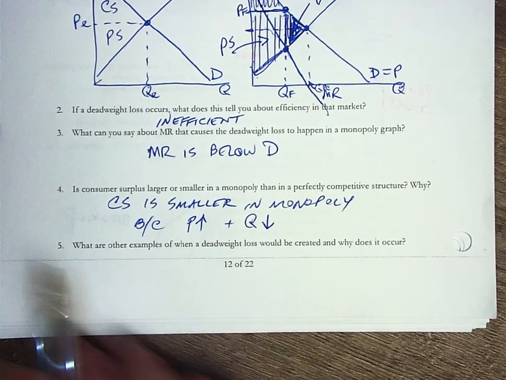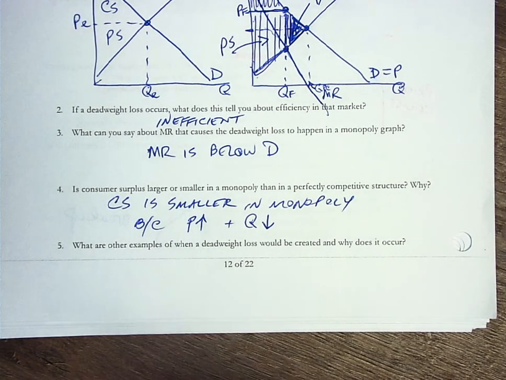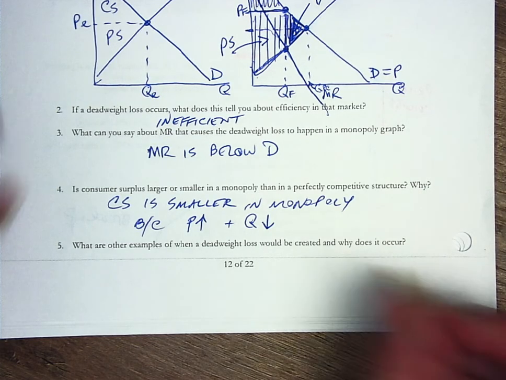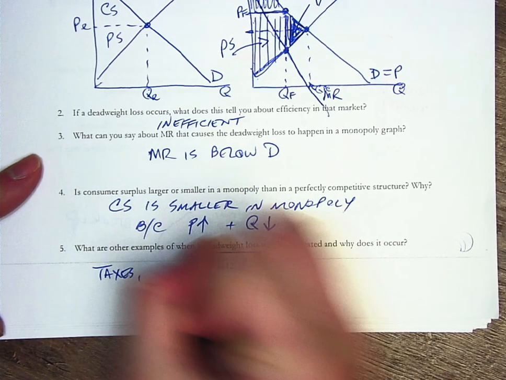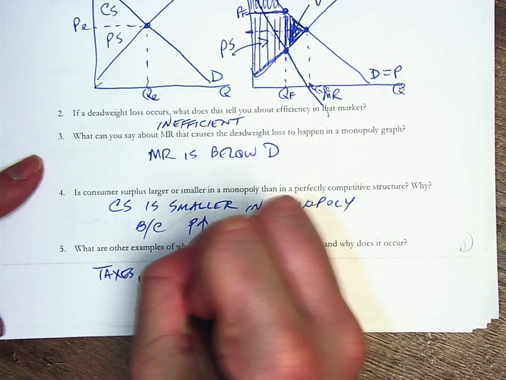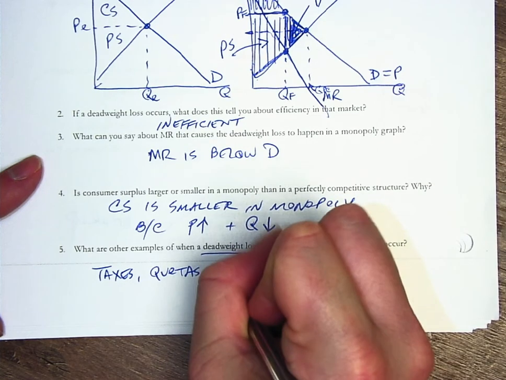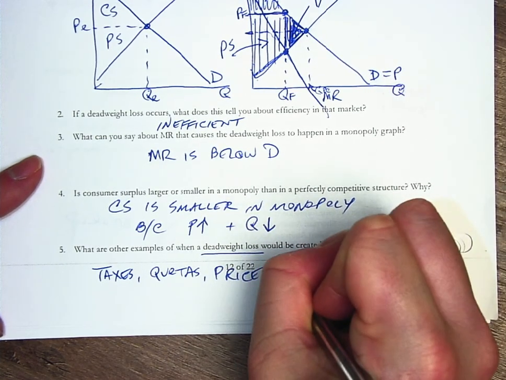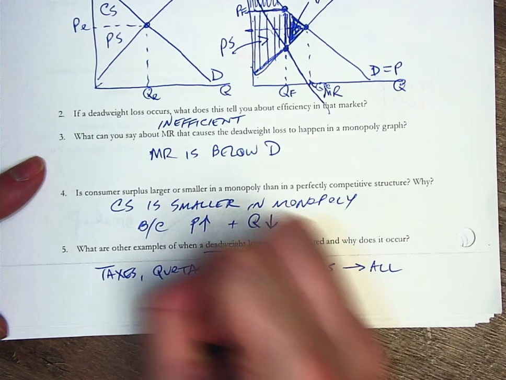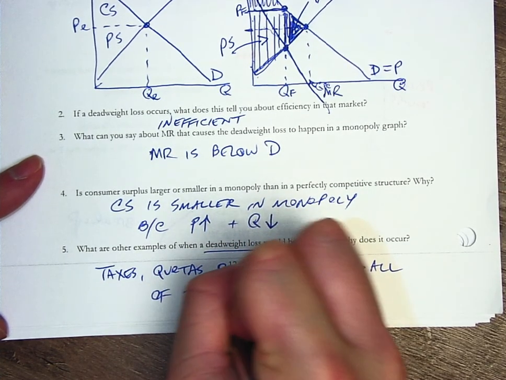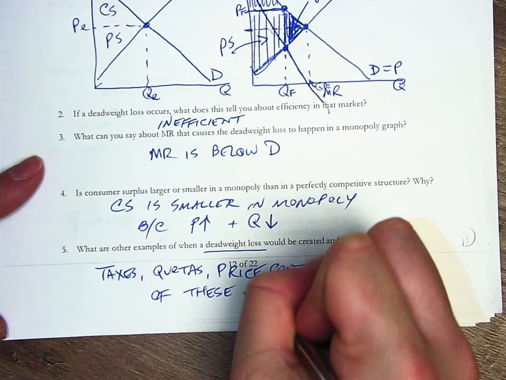And then the last question here is, what are other examples of when deadweight loss would be created, and why does it occur? So in this class, we've talked about deadweight loss when we talked about taxes, and when we talked about quotas, and when we talked about price controls like ceilings and floors. And all of these reduce the quantity.